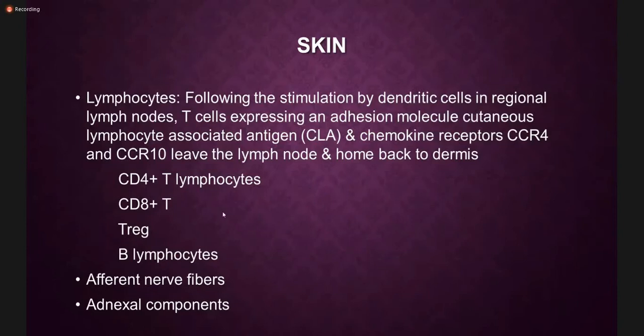The lymphocytes present in the dermis are CD4 plus T lymphocytes and CD8 plus T lymphocytes. All these lymphocytes, Tregs, B lymphocytes, and T lymphocytes, have CLA antigen and CCR4 receptors on them, which can be used to identify the dermal lymphocytes. Then there are some efferent nerve fibers and adnexal components in the skin as well.